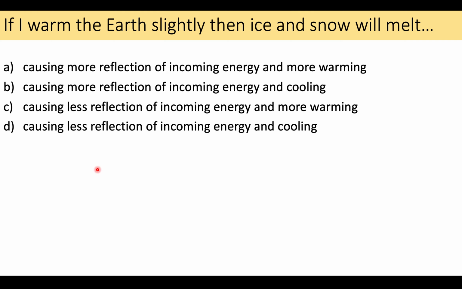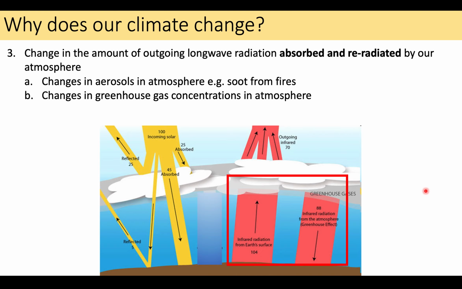Instead of that incoming energy being reflected right back out to space, we're going to have the surface, no longer covered in bright ice and snow, absorbing that energy. So if we remove ice and snow from our surface because of increased warming, we're going to cause less reflection and therefore more warming. So it's just going to increase our warming even further.